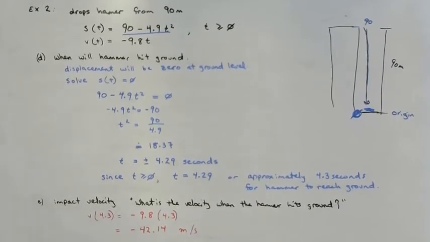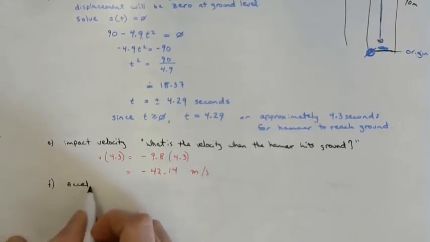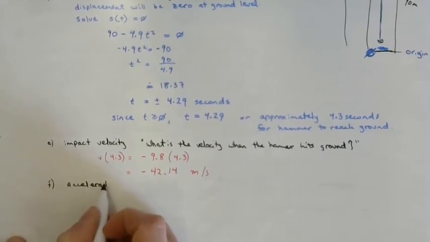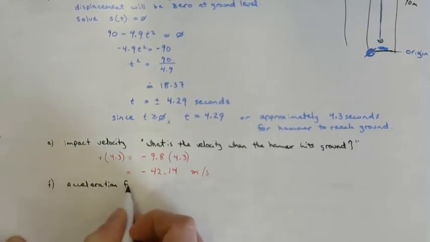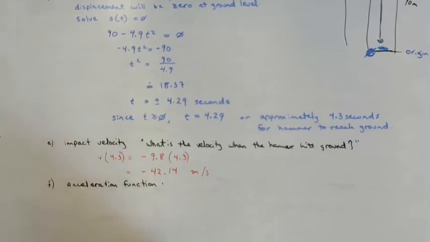And part F. Part F says determine the acceleration function. The acceleration function is the derivative of the velocity function.